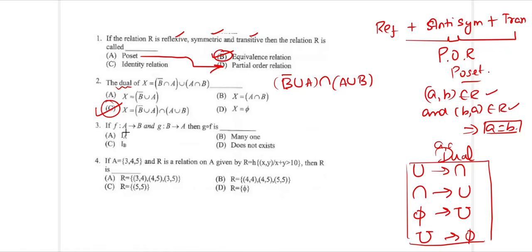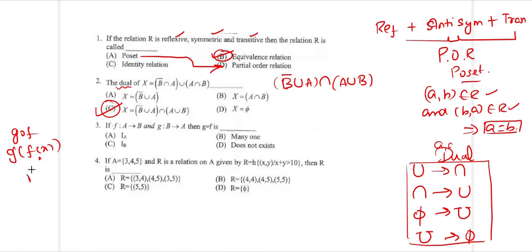Next, f is from A to B and g is from B to A. Then g composition f is going to be... So what happens? You have a composition of functions, g composition f, which means g of f of x. So we begin with f and move towards g. That is, we begin with f.